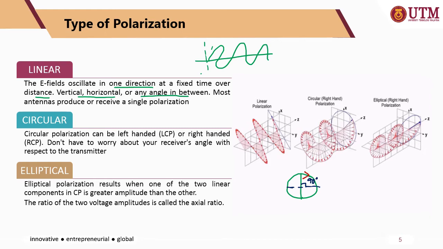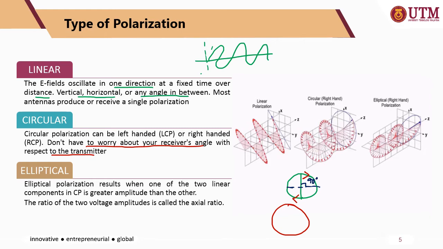When it oscillates clockwise, it is right-handed, and the other way around is left-handed. Right, for circular polarization, we don't have to worry about the angle between the transmitter and the receiver, because the signal oscillates in all directions.